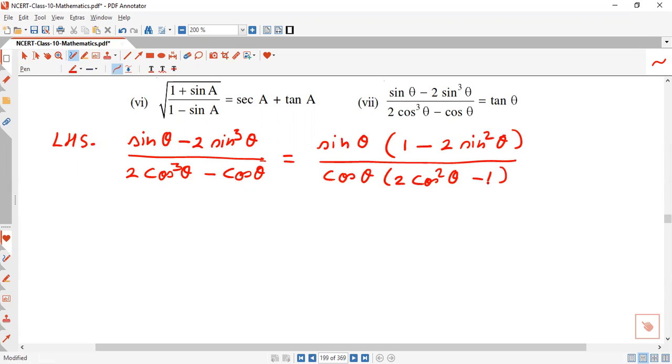You know very well that sin square theta plus cos square theta equals 1.